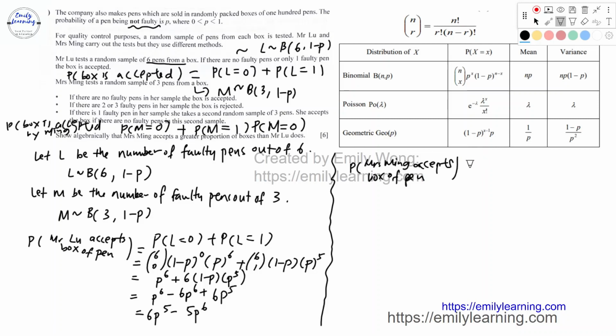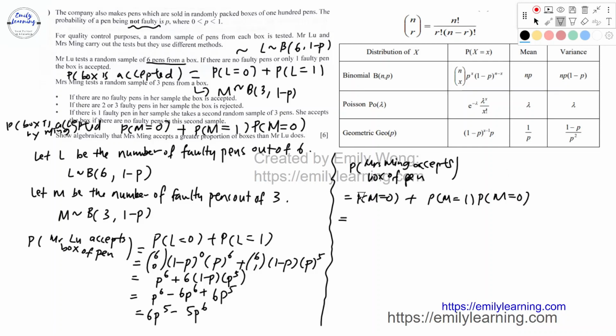In order for her to accept the box of pen, either there are 0 40 pens, so P of M equals 0, or if there's just 1 40 pen, then the next 3 pens that he tests must have no 40 pens.